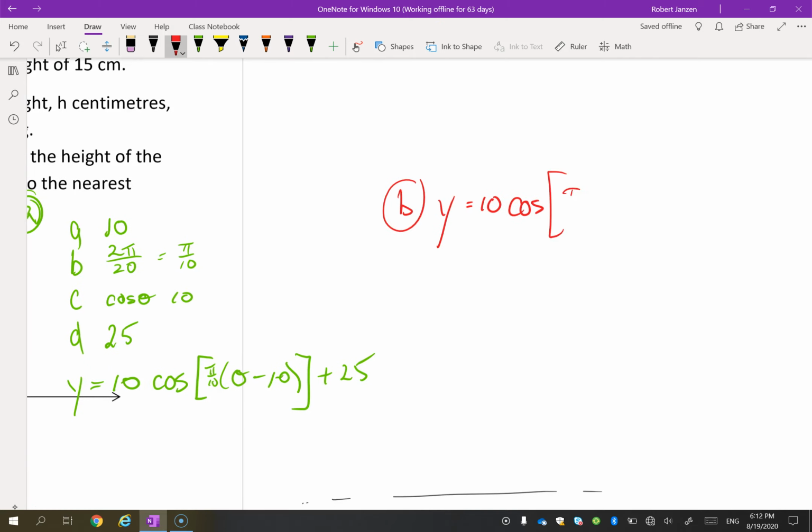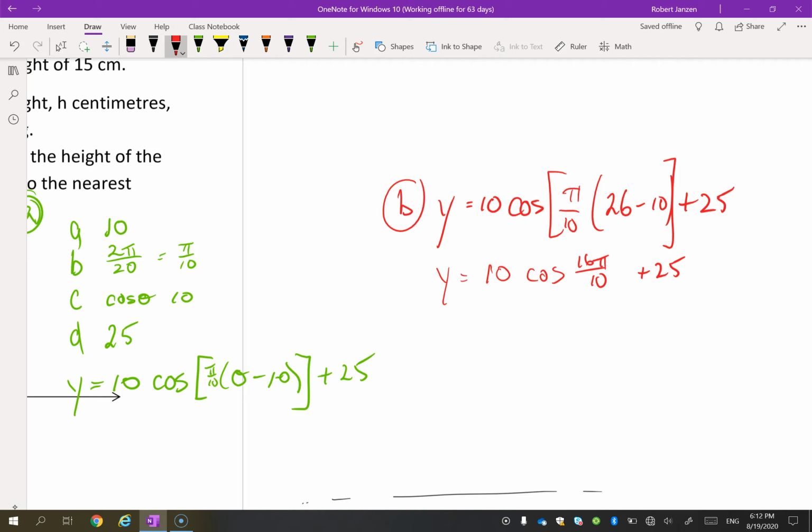We know what theta is. We know what the variable is. It's 26. So y equals 10 cos of 16 pi over 10, plus 25. We want to take cos of 16 pi over 10.